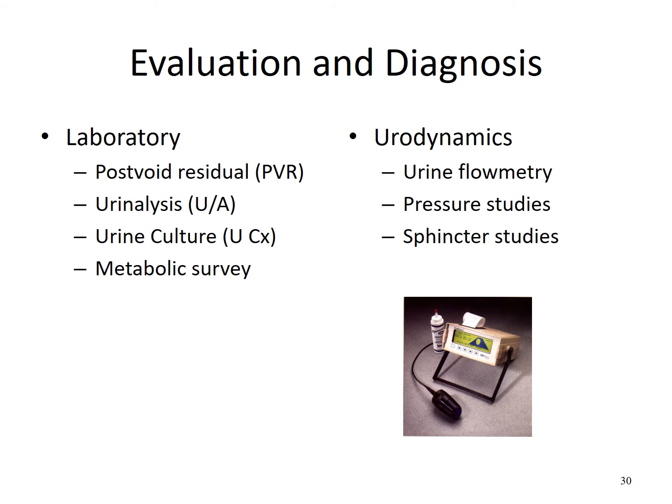If we still, after all of this examination, history, laboratory testing, can't figure out what's going on or why the patient has bladder problems, we will do urodynamics. And so this is quite a bit more invasive. The individual sometimes has probes inserted in their rectum or vagina. They have to urinate in a setting where it's a special toilet that measures the flow.